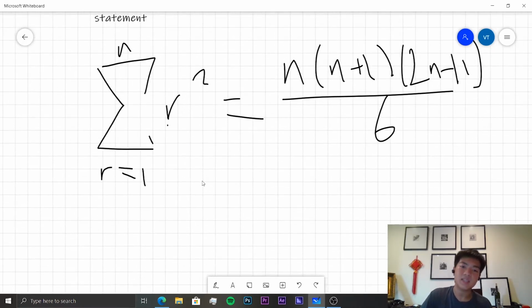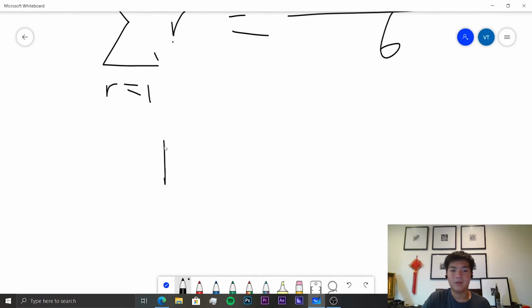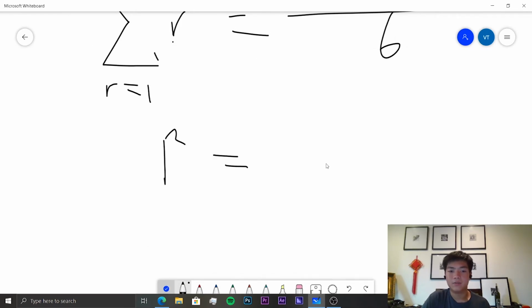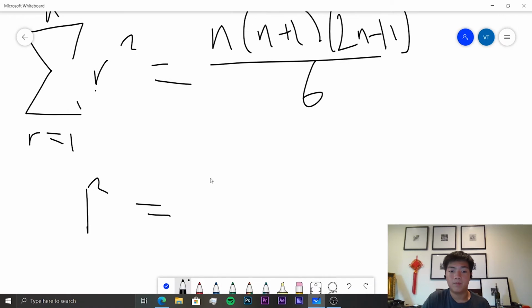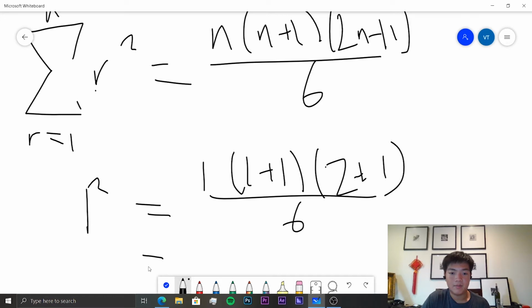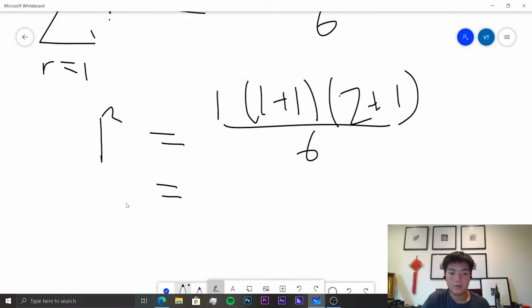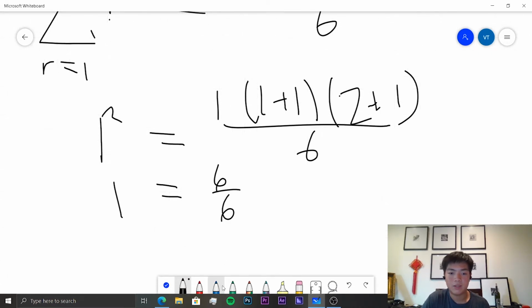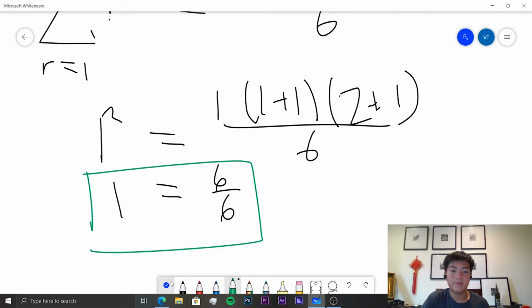Okay, basic step, we need to prove 1 squared is equal to 1 times 1 plus 1 times 2 times 1, which is 2 plus 1, divided by 6. And this is equal to 1 is equal to 6 over 6, which we know is true.